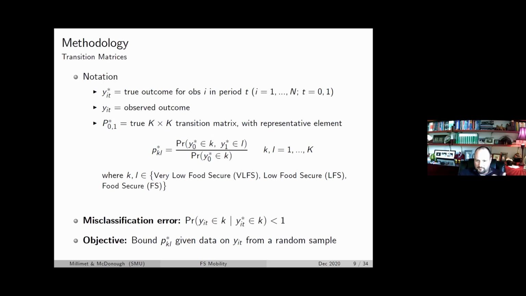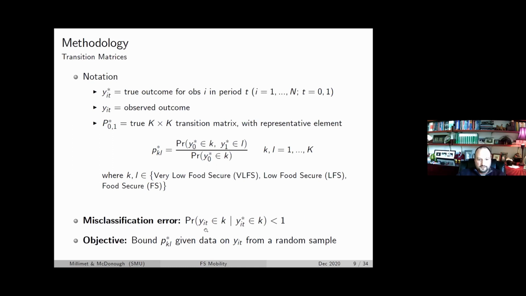People may mismeasure their income a little bit, but it only matters here if it puts them in a different cell in the transition matrix than the one they actually belong to. So if you're estimating a poverty transition matrix, I don't care if rich people underreport their income a little bit, as long as they don't underreport so much that it makes them appear to be in poverty when they're not.